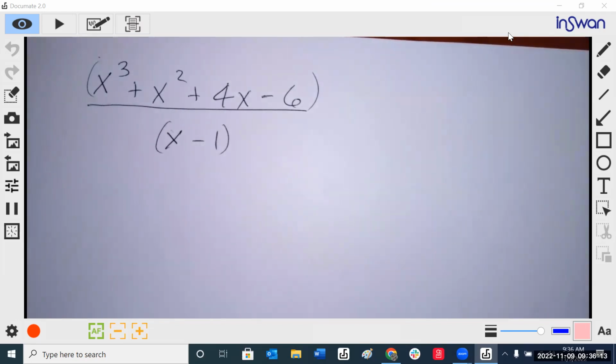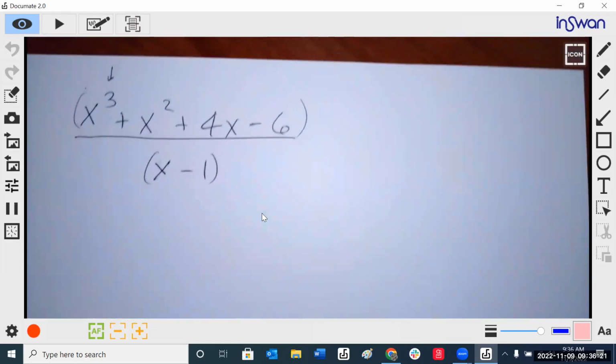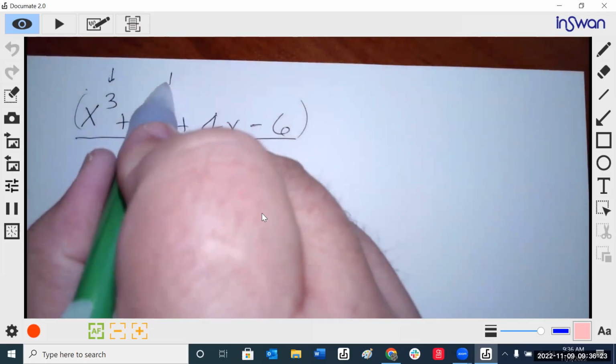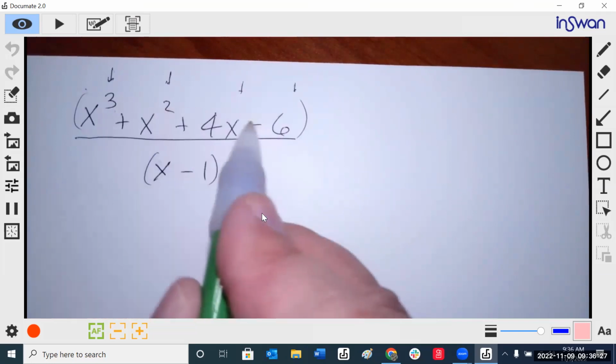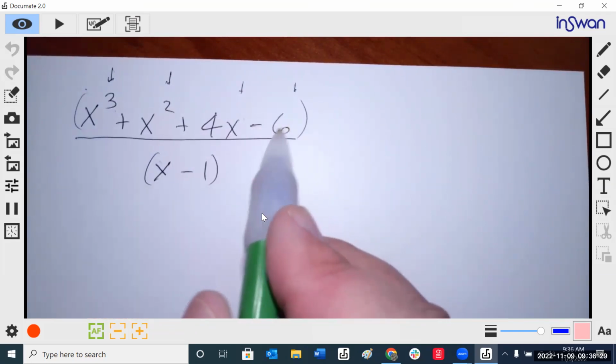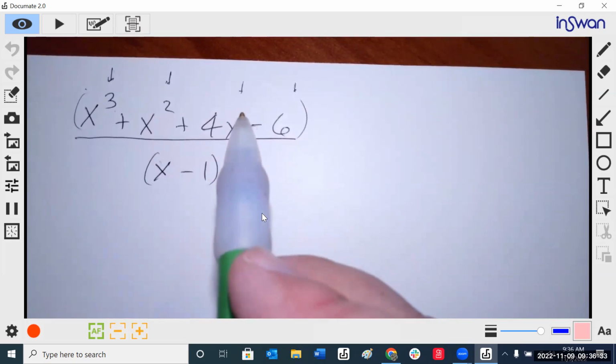It's very important to note, make this note. When you start off with the highest exponent, all the other exponents have to be there, so it's 3, 2, 1, 0. If something's missing, you have to put something to hold that place. Put a 0 in there.